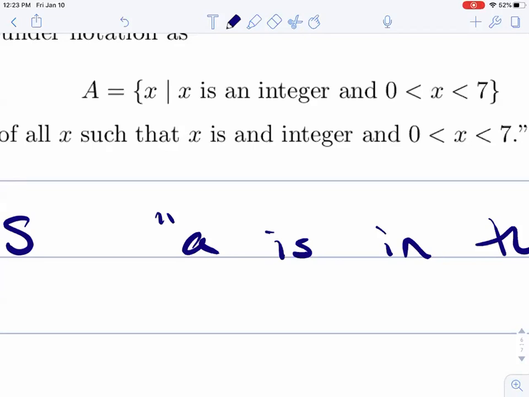Now we've chiseled it down: X is actually just an integer, and more specifically, X is between 0 and 7, not including 0 or 7.